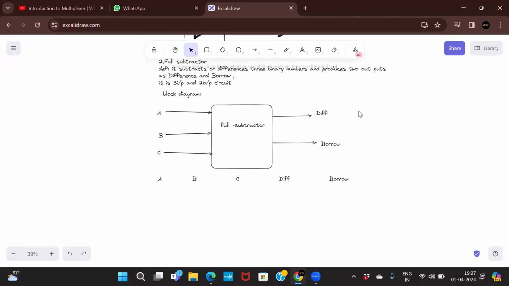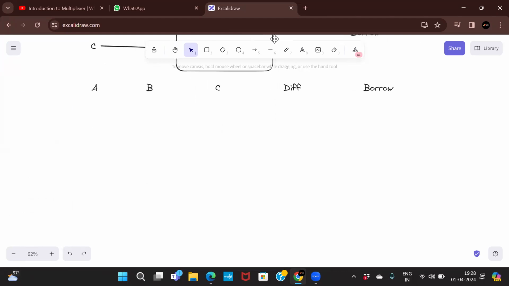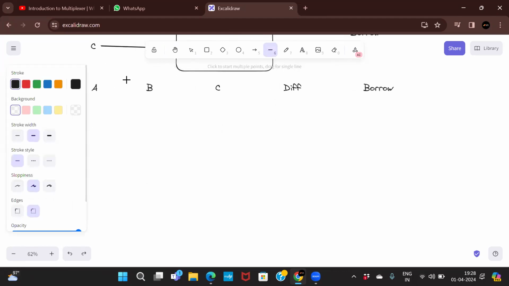So we have 3 inputs, right? How many possible combinations do we require for inputs? 2 power 3, yes, good. 8. Means 8 combinations we require, right? So what are they?